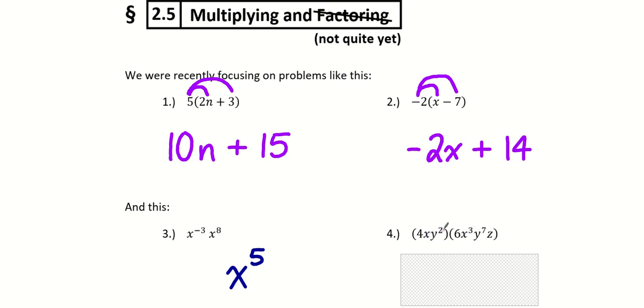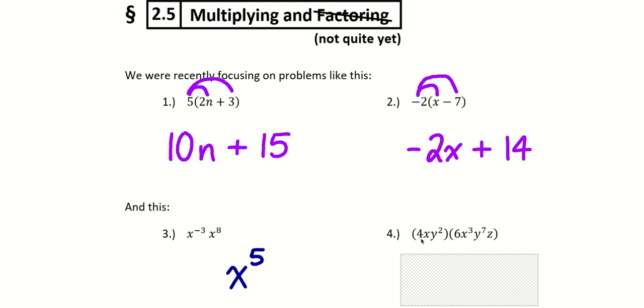And then y to the 2nd power times y to the 7th power, once again, you add the powers and get y to the 9th. And then this z, which is technically z to the 1st power, has nothing to multiply with, so there's just going to be a z.